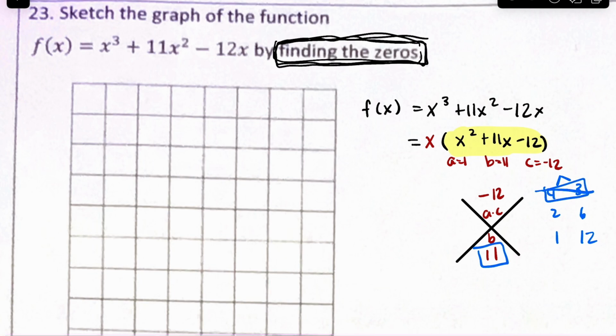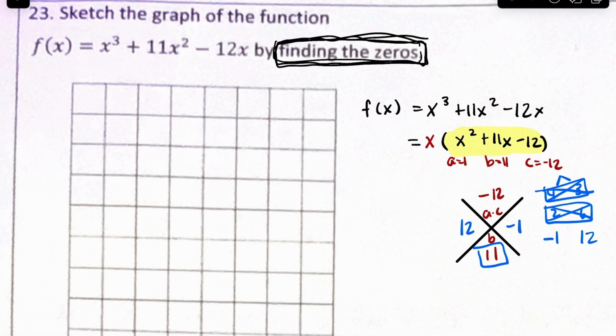4 plus 3 does not equal 11. 2 plus 6 does not equal 11. We know 1 plus 12 is 13, but 12 minus 1 is 11, so we will have a negative 1 and not positive.